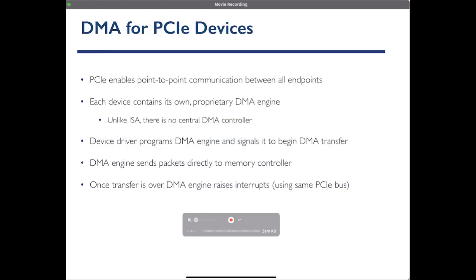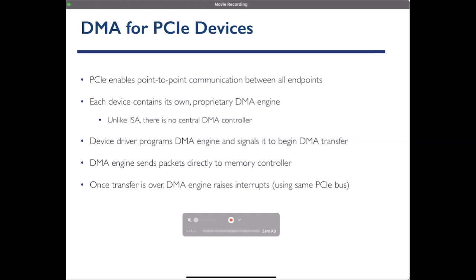Now, the model that we talked about previously assumed that there is a common shared DMA engine on the chip that all devices talk to do their DMA. This is usually different for PCIe devices.